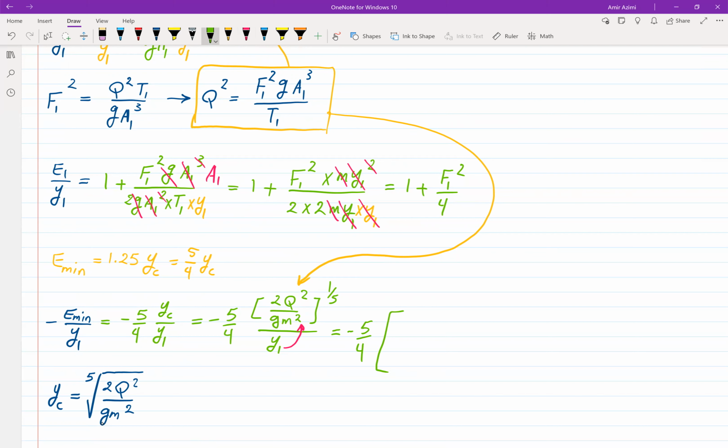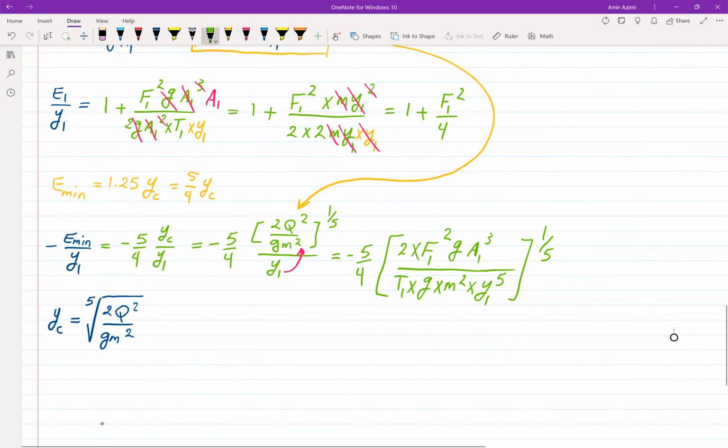So here I have 2 times, and Q squared is F1 squared G A1 to the power of 3 divided by T1, times G times M squared times Y1 to the power of 5, and everything to the power of 1/5. So you see that I just brought the Y1 to the power of 5 here.